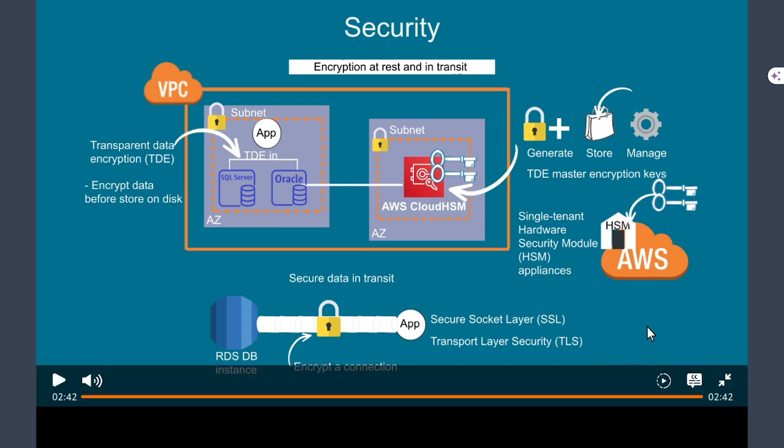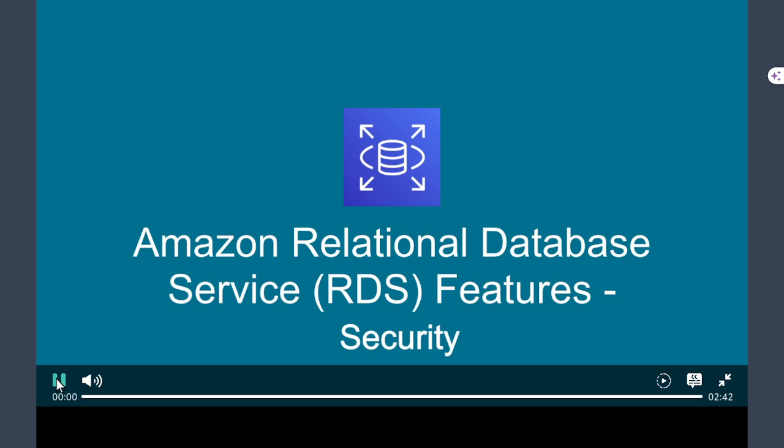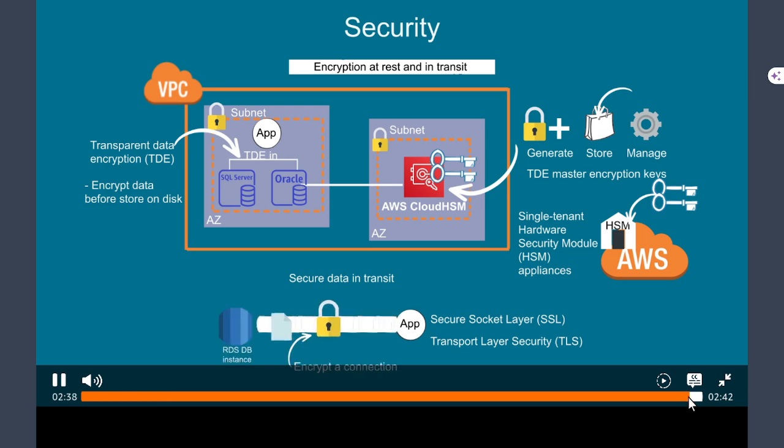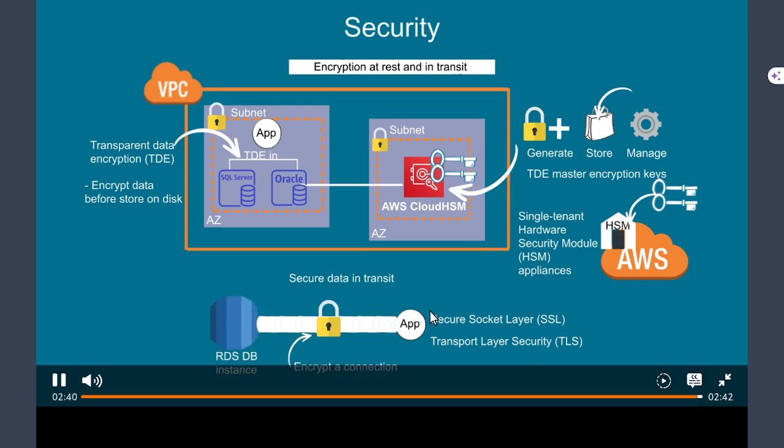Okay, great. In this session, we have learned different things about Amazon Relational Database Service features, security. The first one was isolation, where we can have RDS in an isolated VPC, virtual private cloud. The second one was encryption. All data is encrypted while transferring from one point to another.